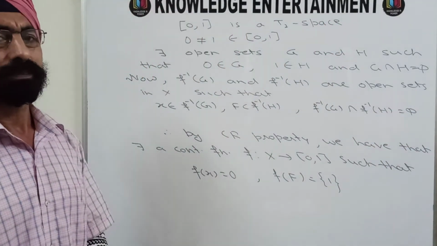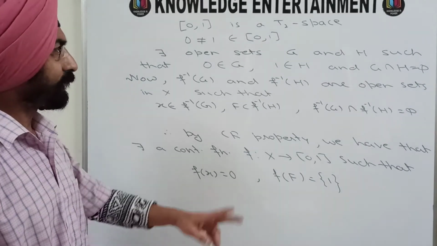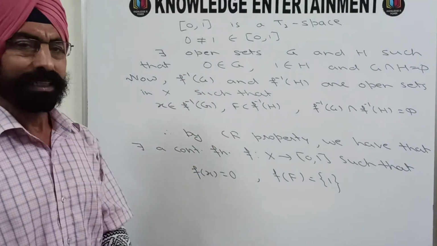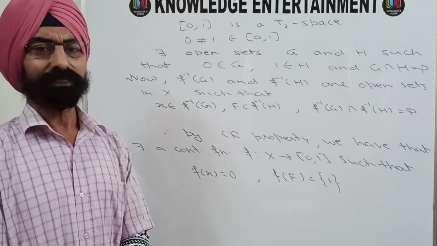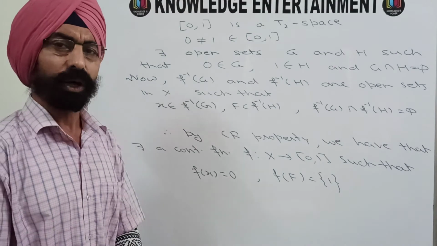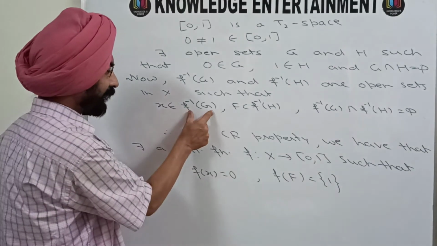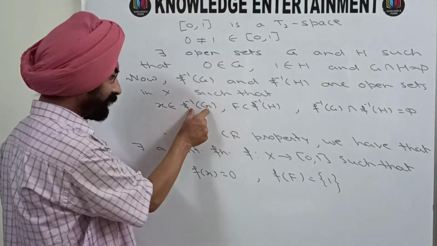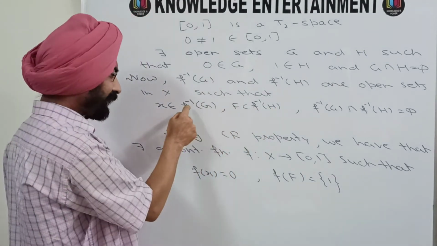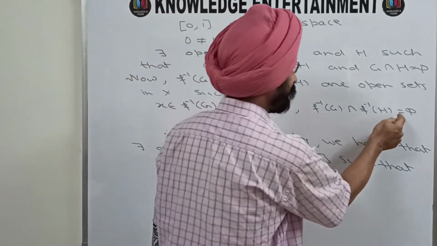So what you have done, you have taken in the starting a closed set F not containing a particular point x, and now you have two open sets f inverse G and f inverse H, f inverse G containing x and f inverse H covering F, and the intersection of these two open sets is phi.